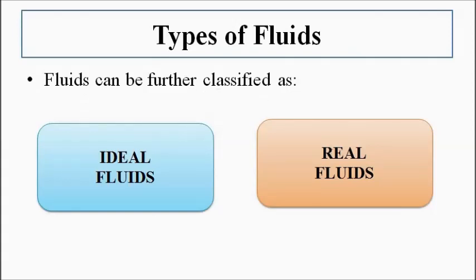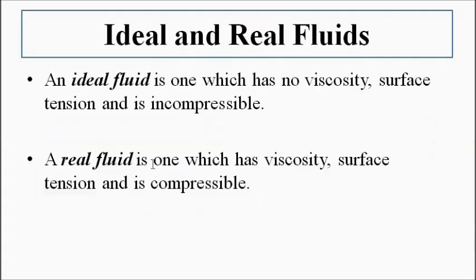So let us understand what ideal and real fluids are. An ideal fluid is one which has no viscosity, no surface tension, and is incompressible. And a real fluid is the opposite. It has viscosity, surface tension, and is compressible.